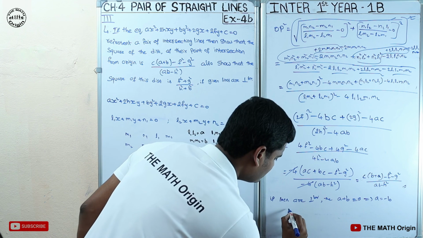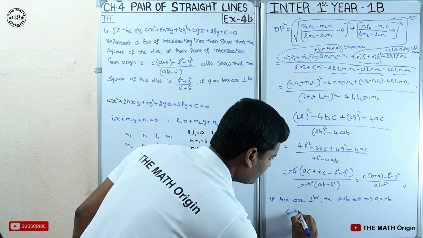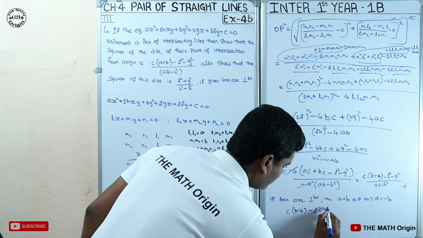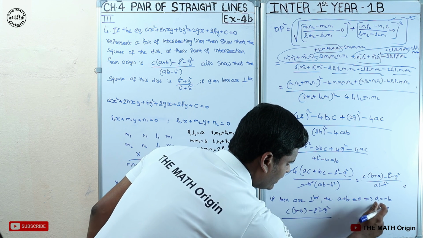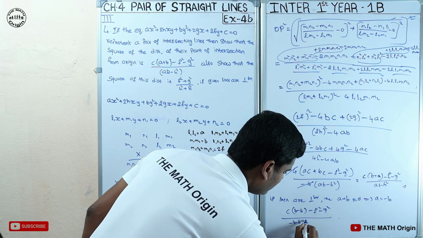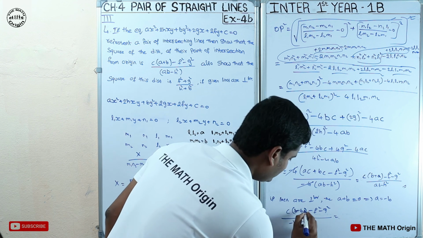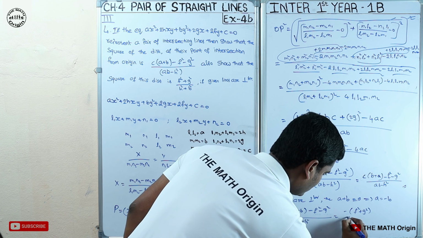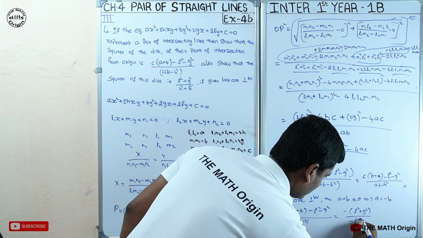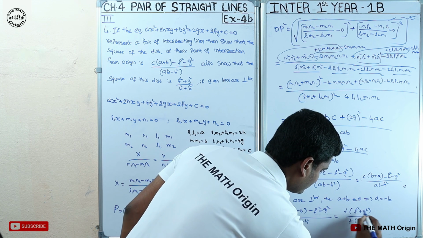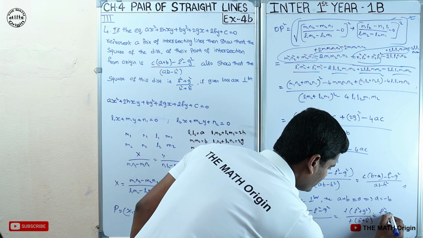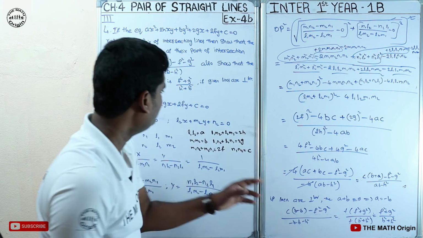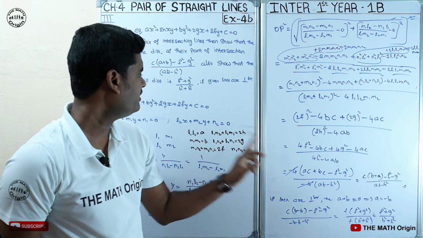Let's substitute in the equation: c into b minus b, minus f square minus g square, by minus b into b minus h square, which is equal to 0 minus f square plus g square, whole divided by minus b square plus h square. Minus minus cancels, therefore that is equal to f square plus g square by b square plus h square.